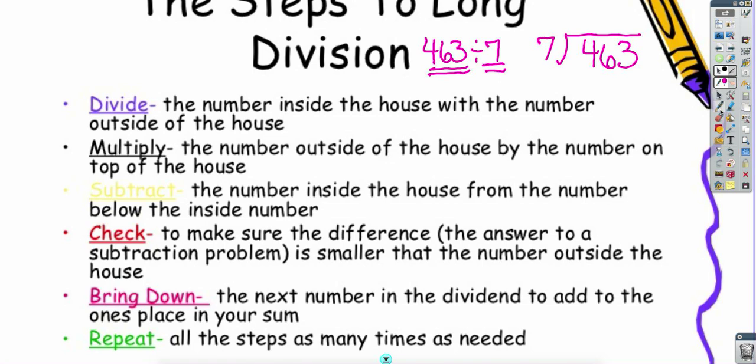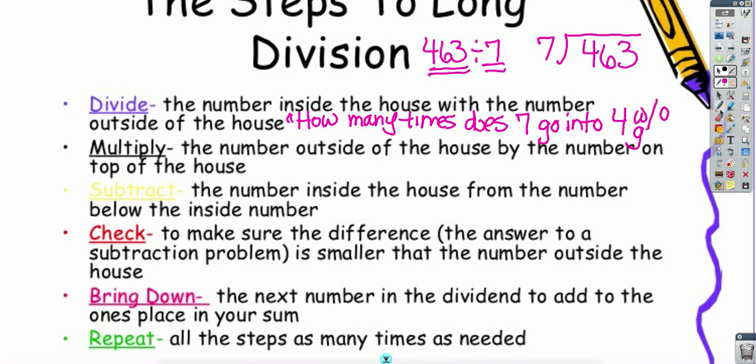So when we're doing our dividing step, the number inside the house with the number on the outside of the house, okay? We know that is how many times does 7 go into 4 without going over?